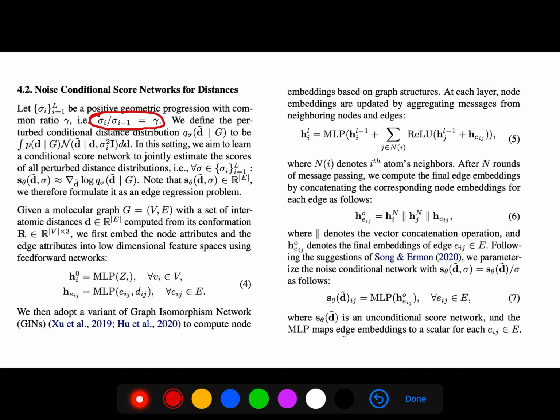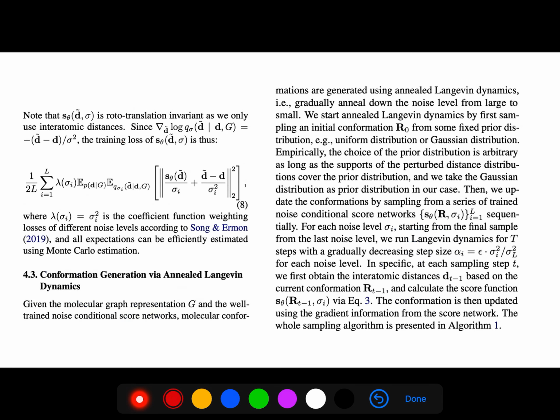They first embed the node attributes and the edge attributes using a simple MLP, and then they aggregate, the rest of that is a graph neural network, and finally for the score we use this MLP, and then the loss is very simple in score matching.